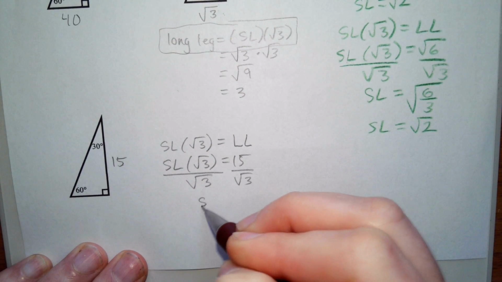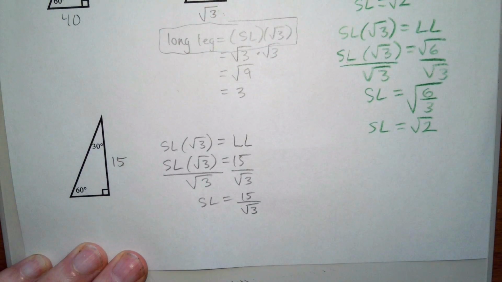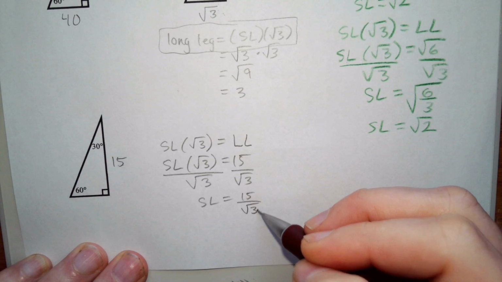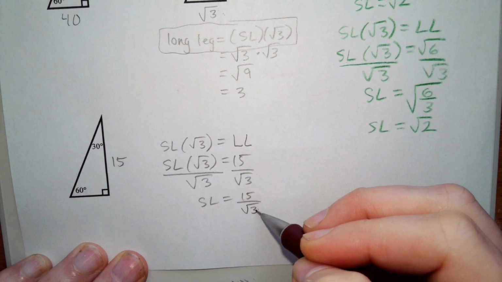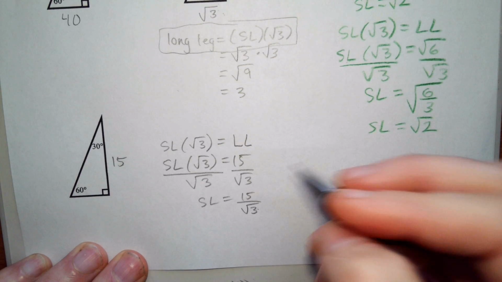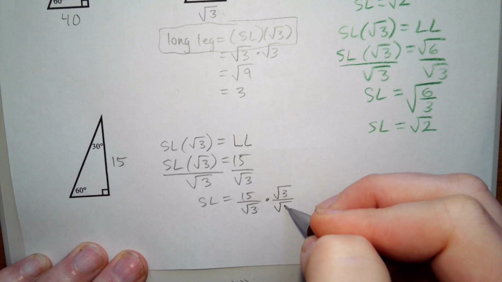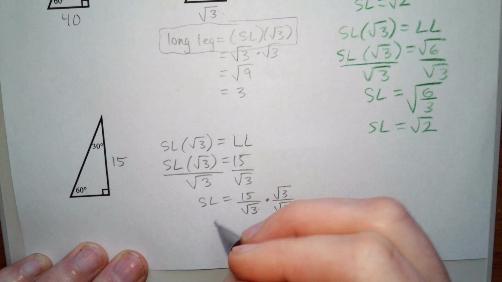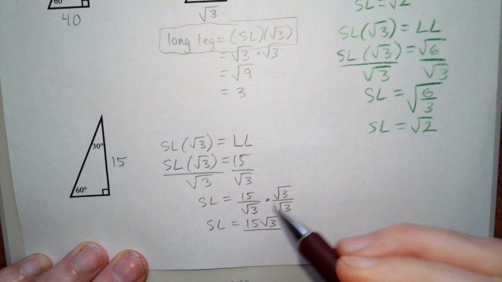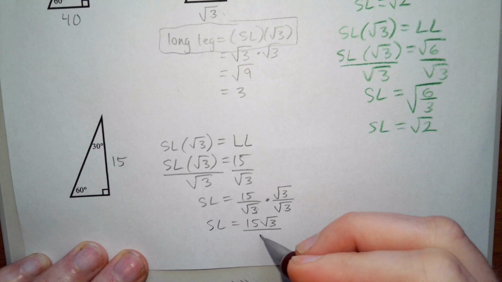So the short leg is equal to 15 divided by the square root of 3. In a previous lesson, you learned to rationalize a denominator. Rationalize means to change it from an irrational number, root 3, to a rational number. So we multiply by root 3 over root 3. So we get the short leg equals 15 root 3 divided by, well, root 3 times root 3 is the square root of 9. Square root of 9 is 3.